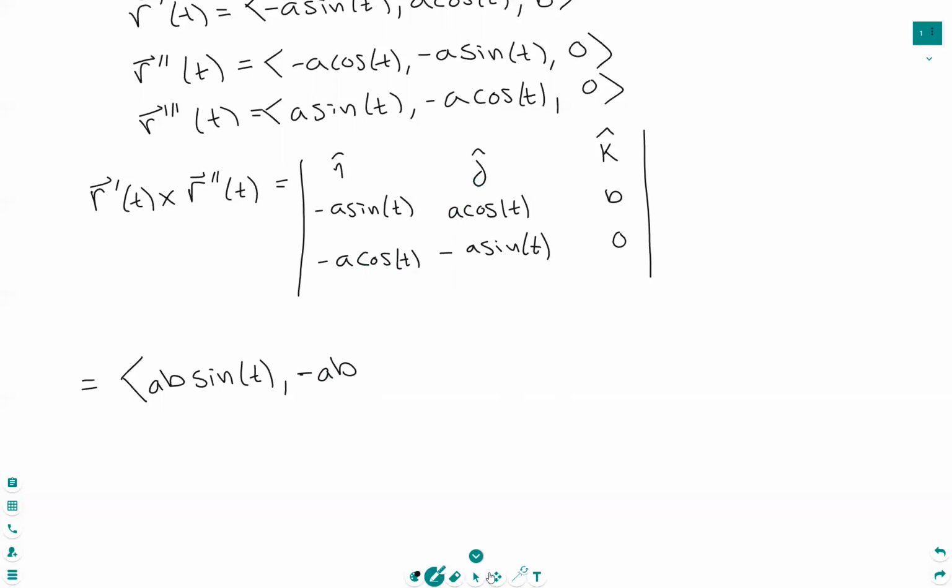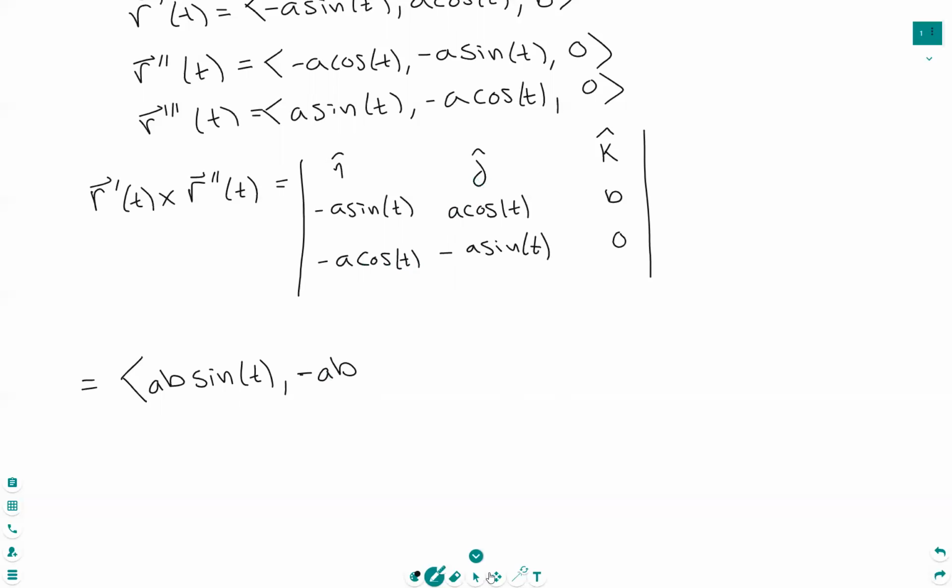So luckily, this term simplifies because we have the same coefficient out in front of the sine squared and cosine squared. So we can write this as ab sine of t, negative ab cosine of t, and then just an a squared. Okay, so we need to find this in magnitude. So the magnitude of r prime crossed with r double prime is the square root.